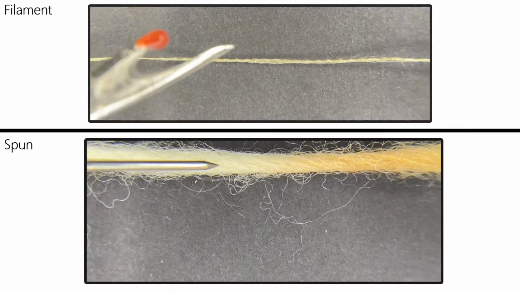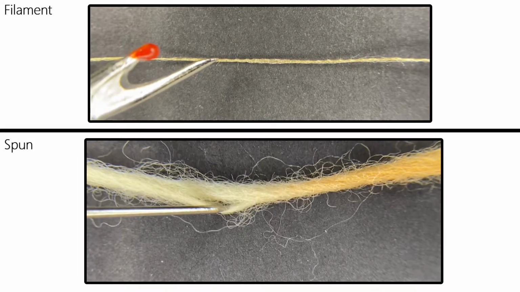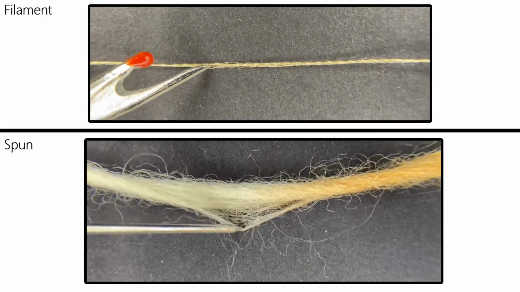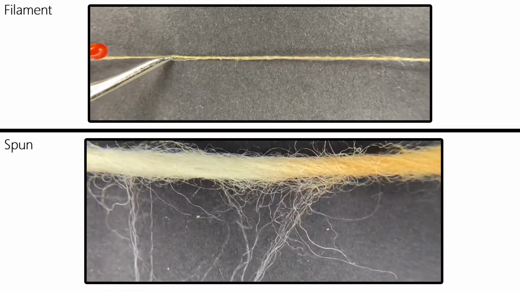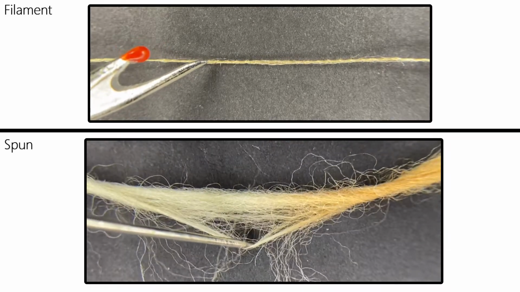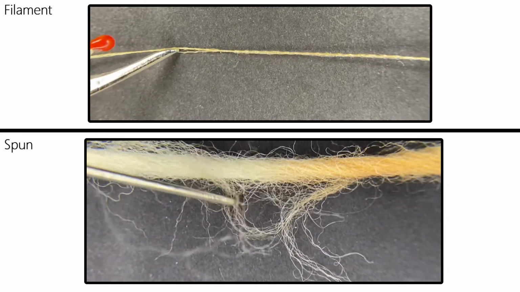Now that you have a pointed tool and your yarns under magnification, you can examine them to determine yarn type. As previously mentioned, spun yarns will have a fuzzy, textured appearance with clearly visible fiber ends, whereas smooth filament yarns will appear completely smooth. There shouldn't be any visible fiber ends for a filament yarn, except for at the ends of the yarn itself.